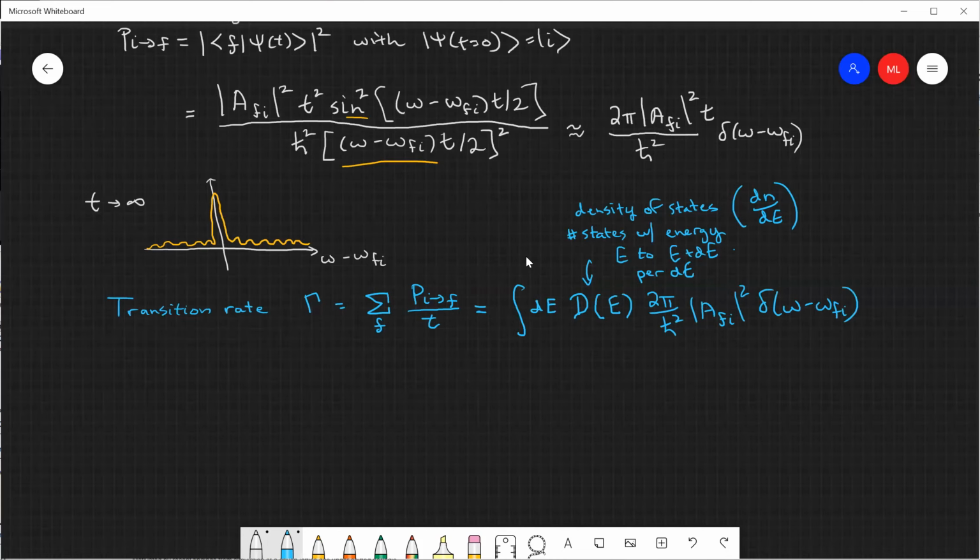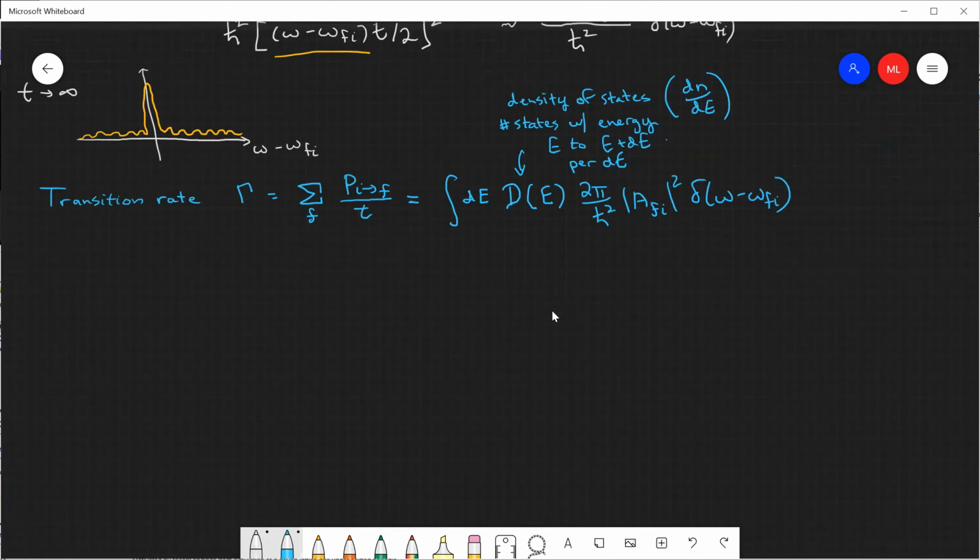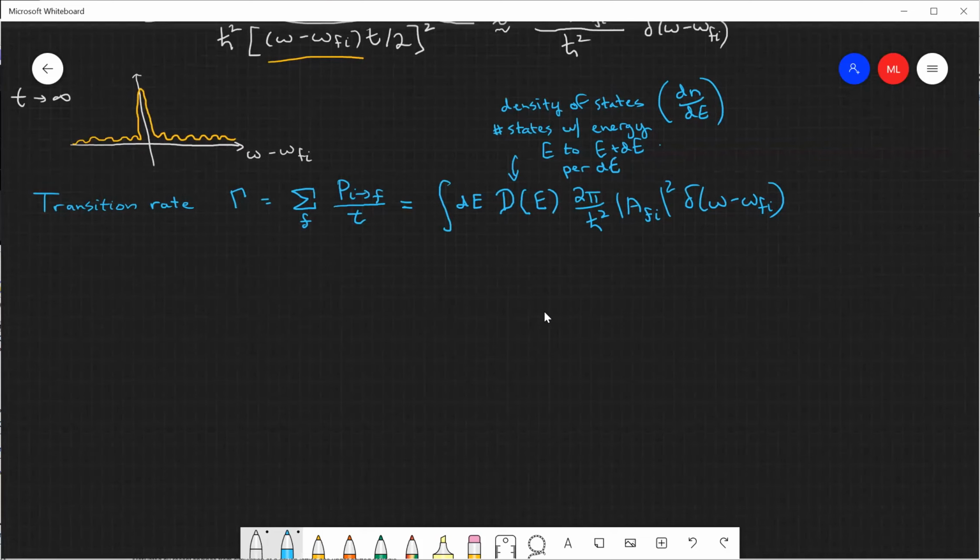So you have that. And now we can convert the omegas back to the energies by sticking in an h bar. So we can write this as the integral of dE times the density of states, and now we have 2 pi over h bar.